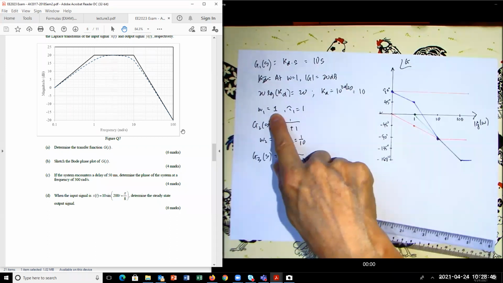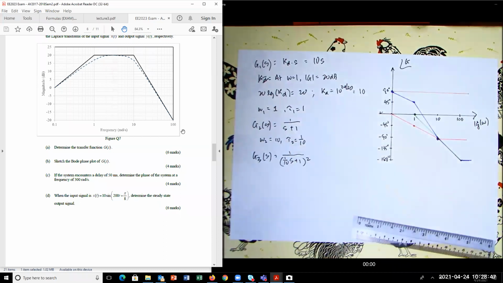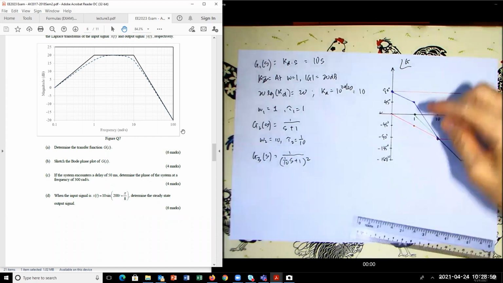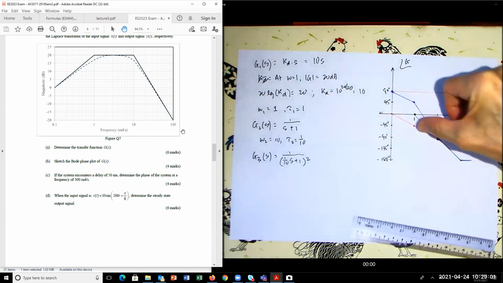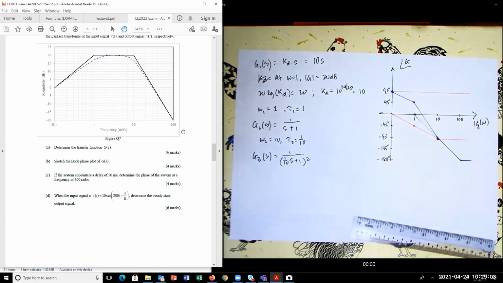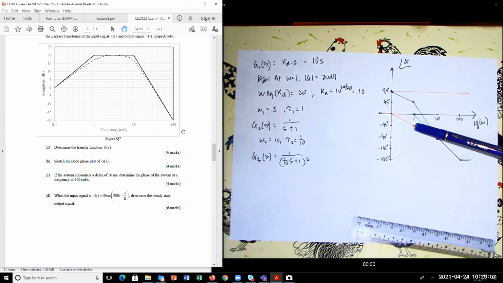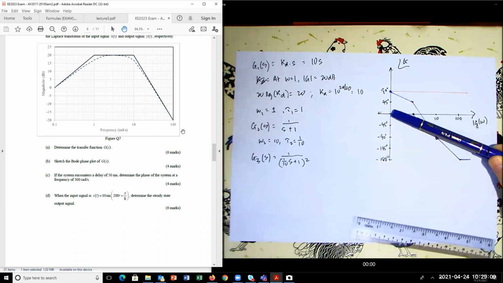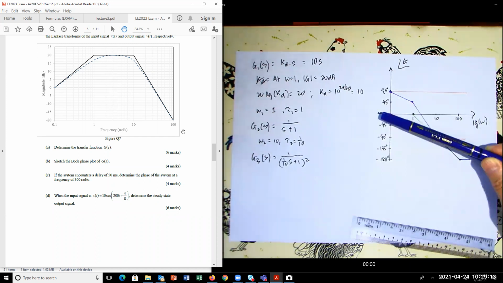So at the corner frequency, omega equals 1, the phase will be minus 45 degrees, and one decade before it, it will start at 0. So that is the red curve here. At 1, it is minus 45 degrees. One decade before that is 0. One decade after that is minus 90. So G2 is this red curve.